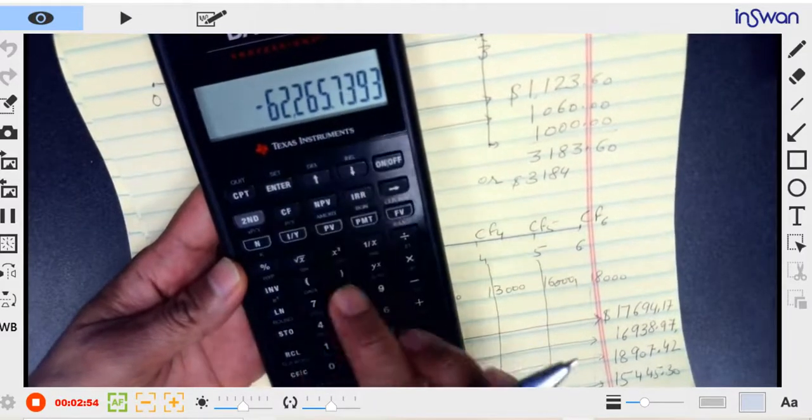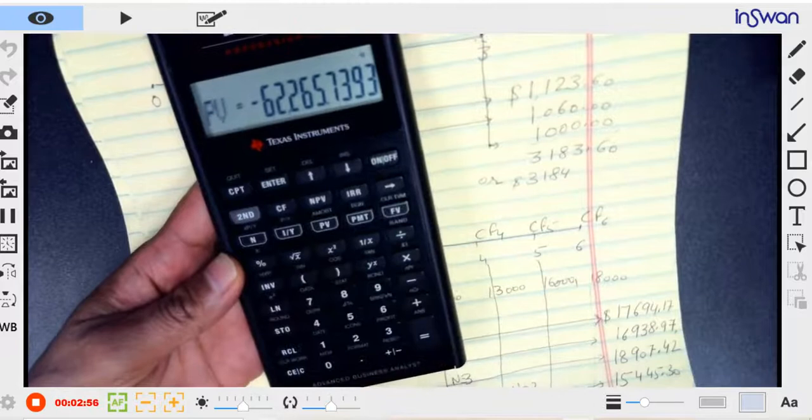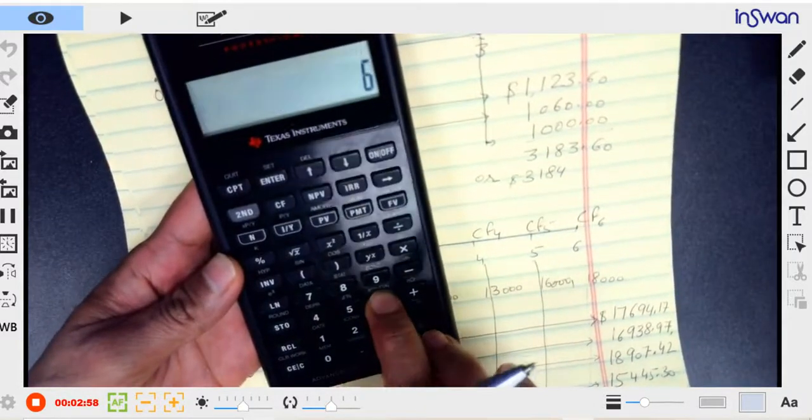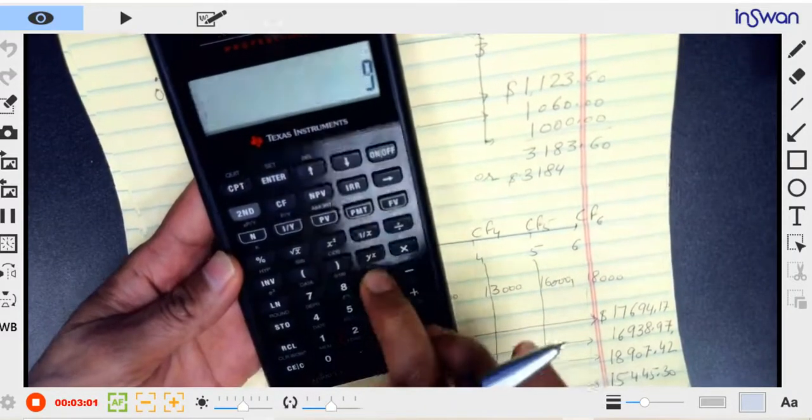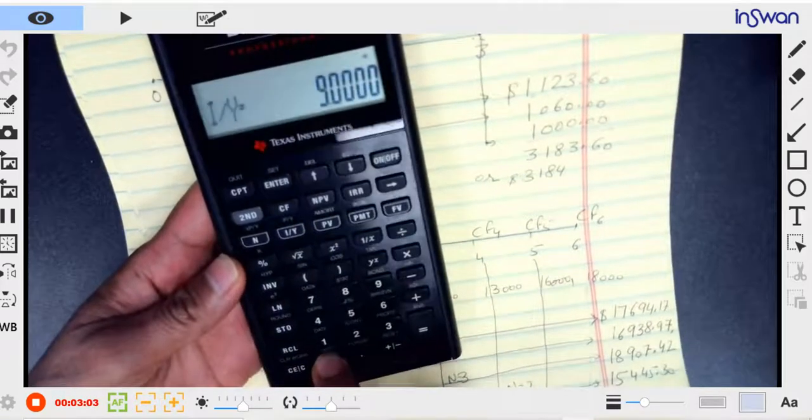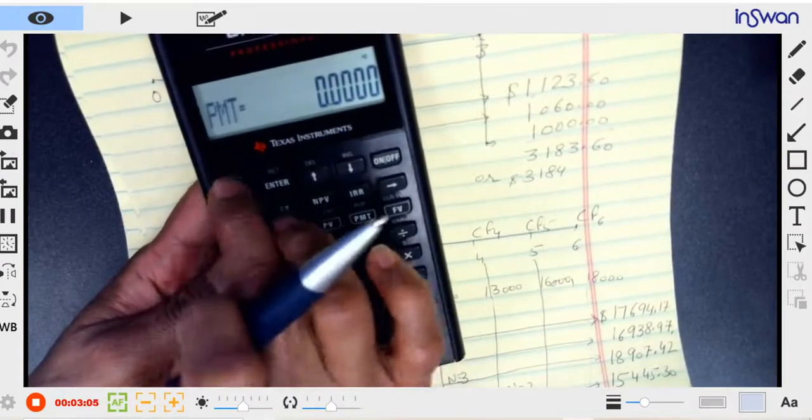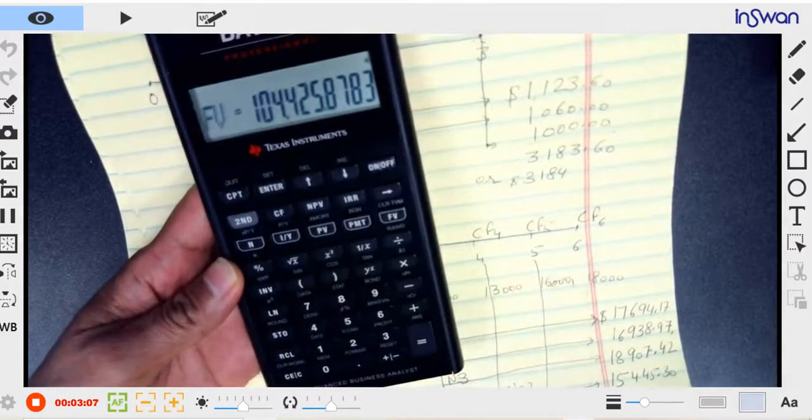62,265.733. This is the present value. Okay, n is 6, interest rate was 9%, 0 is the payment, compute future value.